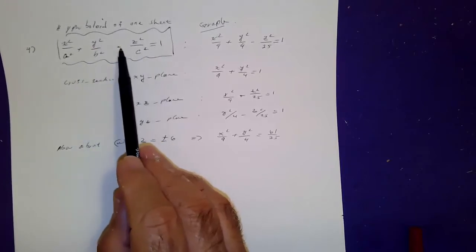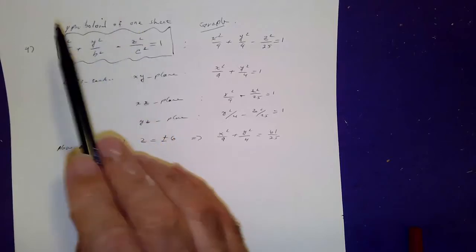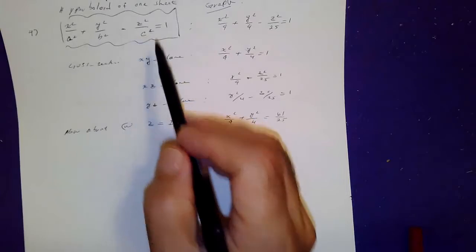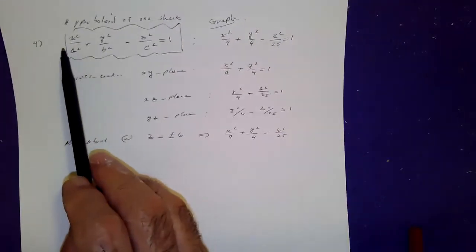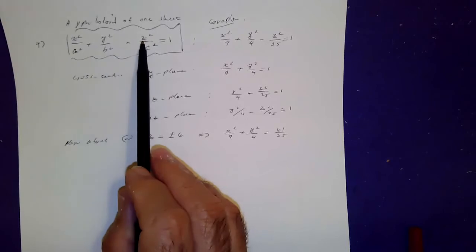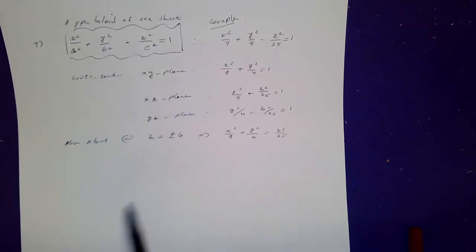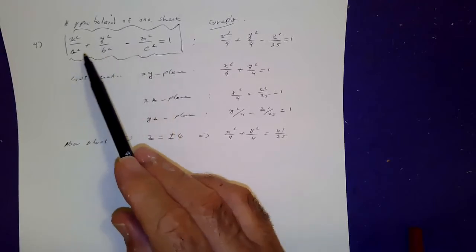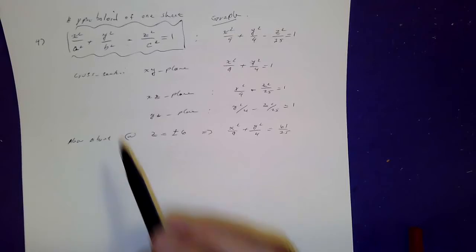The one which has a negative, that's where the hyperboloid of one sheet opens along. So in this case, the sheet is going to be stretched along the z-axis. If x was negative and these guys were positive, then the hyperboloid of one sheet would open along the x-axis, and similarly along the y-axis.